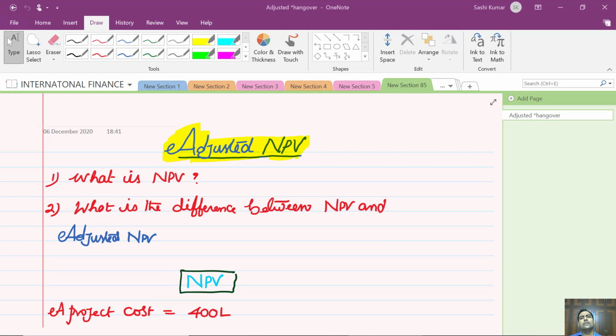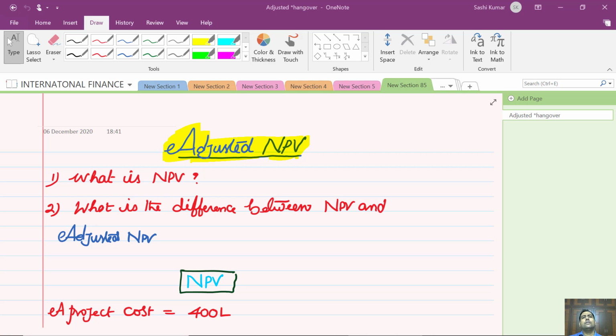See, for evaluating various long-term projects, we have been using several DCF techniques, discounted cash flow techniques. We already are aware of what a DCF technique is. DCF technique considers the time value of money. It differentiates today's rupee from tomorrow's rupee. So it converts all the future benefits into today's value.